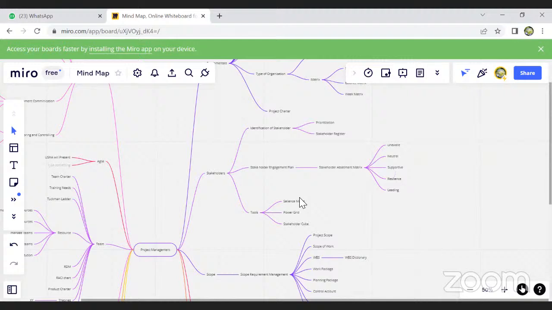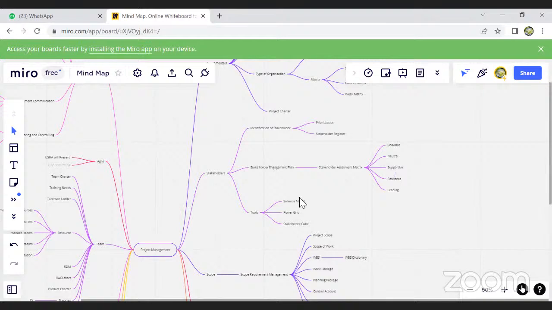Internal can be PM, CEO, or team members. In external, we have different legal requirements or government bodies, like PESTLE: political, economical, social, technical, legal, and environmental. Similarly, we have VUCA and other parameters as well.